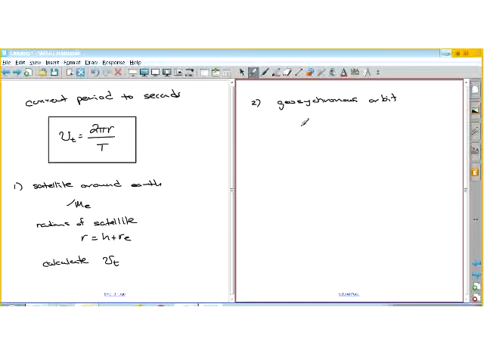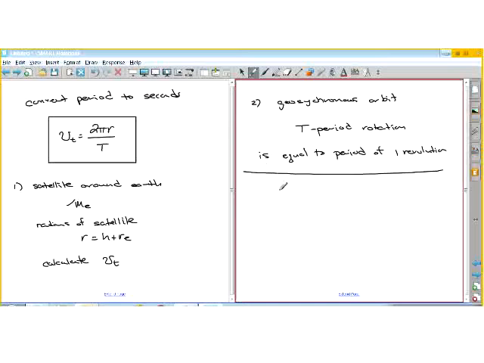And what a geosynchronous orbit is, is that the period of rotation is equal to the period of one revolution of whatever it's rotating around.